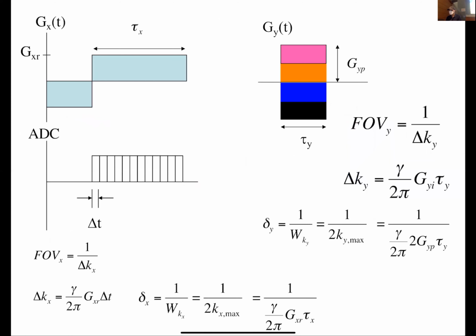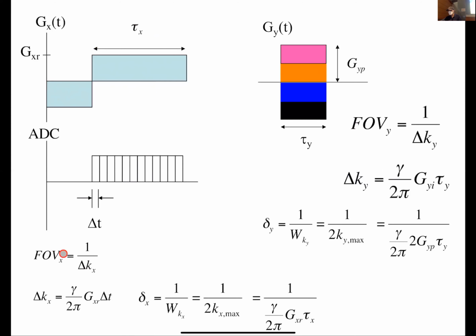Okay, so putting it all together, this is what happens with the spin warp full sequence. The readout gradient looks like this, and the key things are delta t and the size of this gradient. Tau sub x is simply the number of samples we have to acquire times delta t. We would use FOV of x to figure out delta kx.